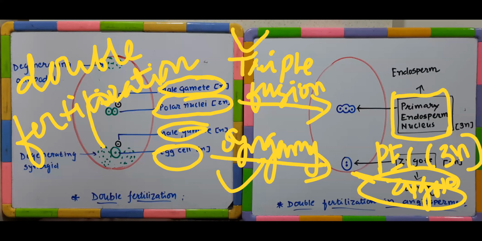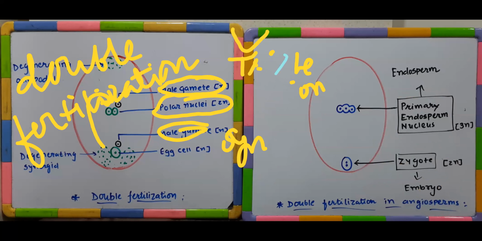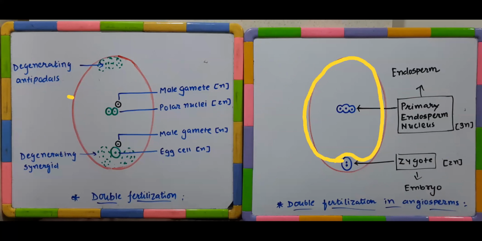The nucleus is the primary endosperm nucleus, and the whole cell is the primary endosperm cell.